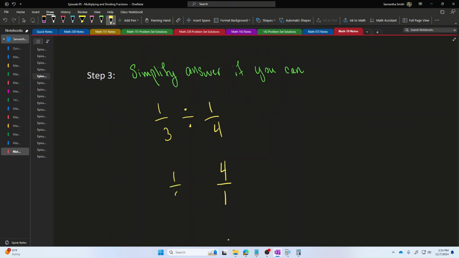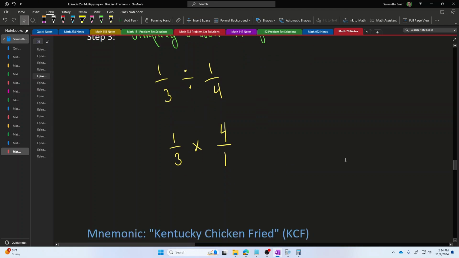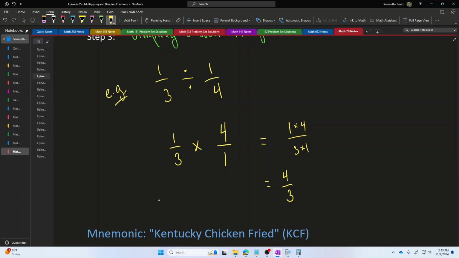And I would multiply by that reciprocal. Instead of dividing, we multiply by the reciprocal. And once I have expressed this as a multiplication problem, I can do this exactly the same way we did in the first part of this episode. Just multiply the two numerators and multiply the two denominators, and then see if you can simplify the result, which I don't think we can in this case.